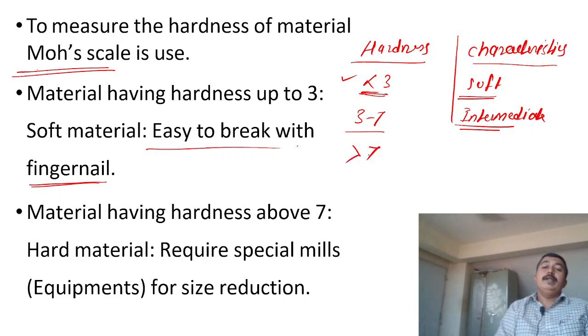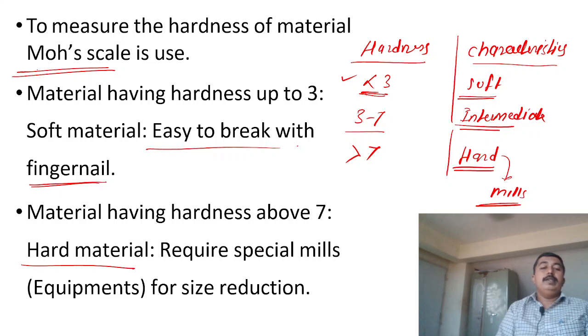If hardness is more than 7, the material is said to be hard, and for this material we require special mills with sharp blades for size reduction.